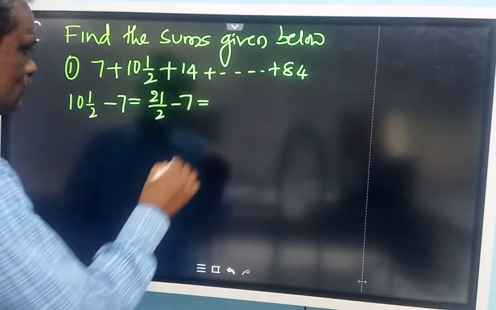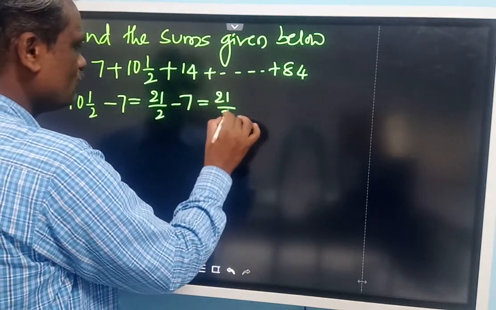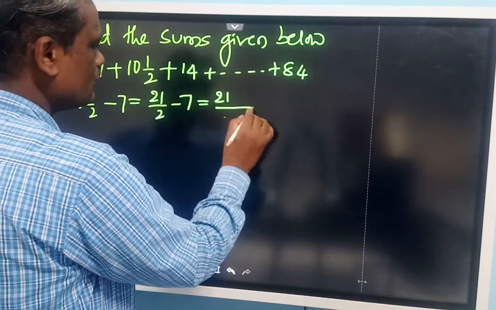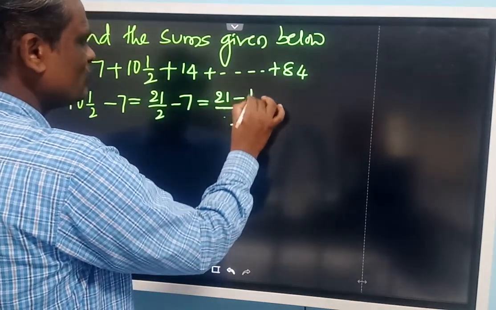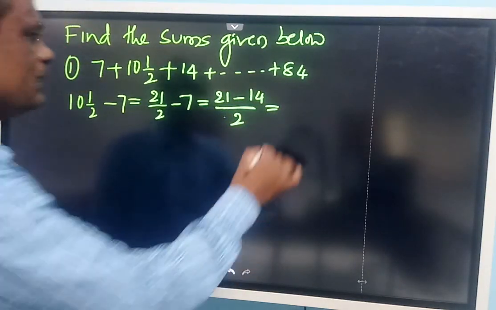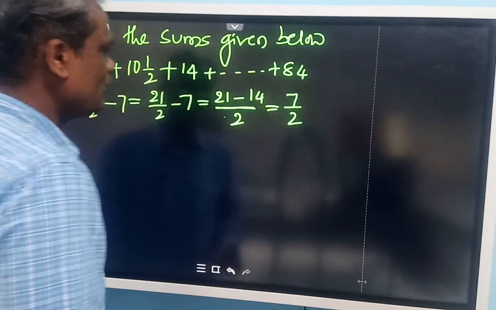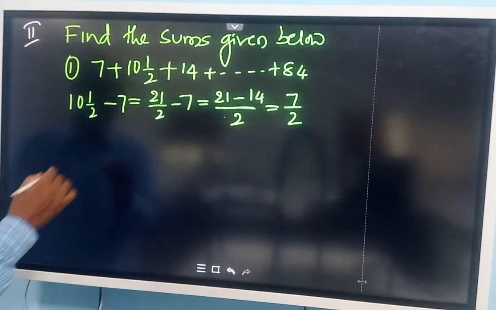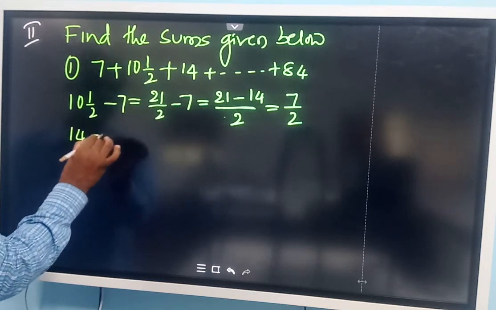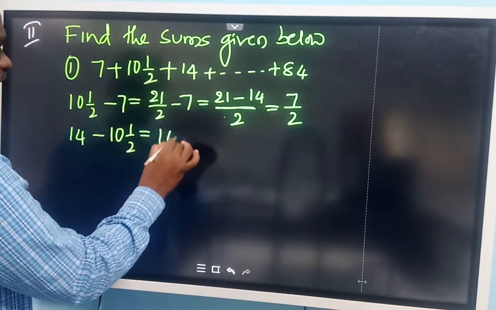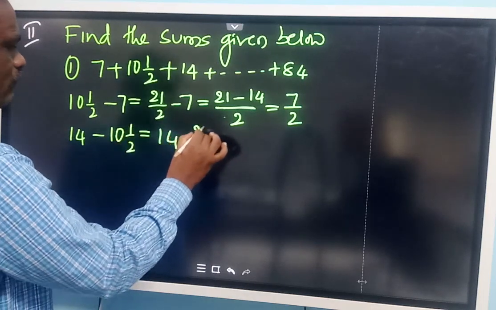Again 2 is the LCM here, so minus 14. Now simplify this: 7 by 2. Again, 14 minus 10 and a half. So LCM, simplify this: 14 minus 21 by 2.